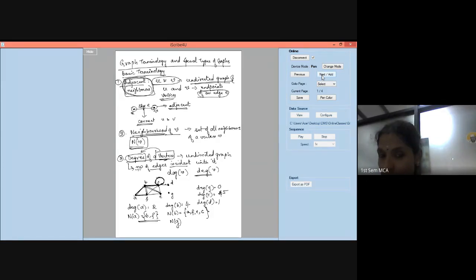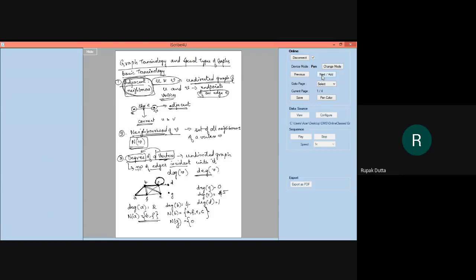It's a null set, the empty set. Is it clear to you all, what is degree and what is neighborhood? Any vertex of degree 0 is called isolated.